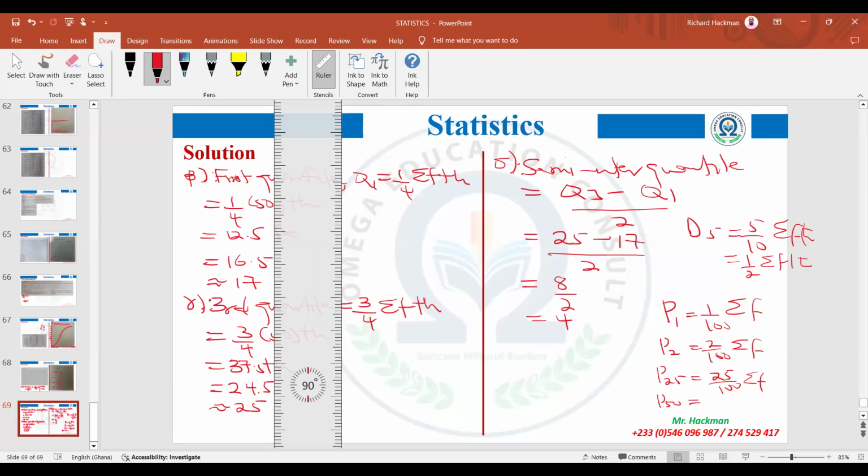So indirectly, I've taught you the percentiles and what have you. If it's raw data, this is what you do: you are supposed to first of all arrange. But I've told you that anytime you are given raw data, you will no longer work with raw data. Remember, the advice is that for every raw data with more than 10 observations, you take it to the frequency distribution table and use it.